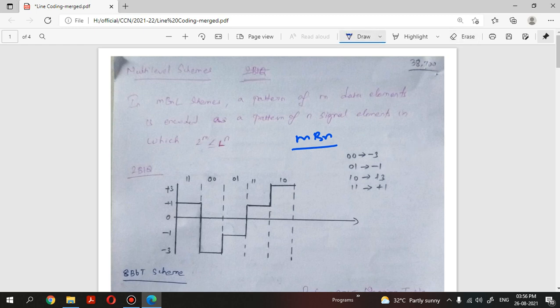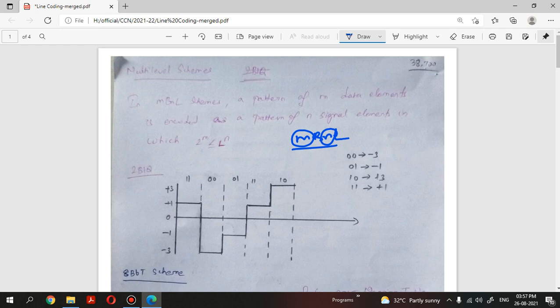As per this policy, mBnL, m is the number of data elements, and n is the number of signal elements. The previous mechanisms were not multi-level schemes, whereas here it is a multi-level scheme.